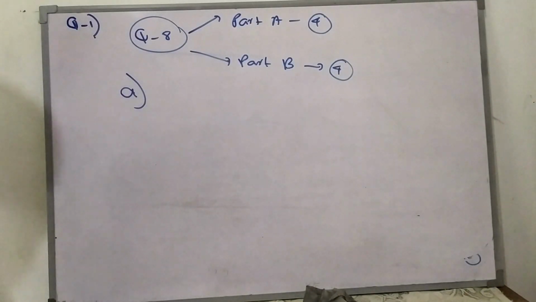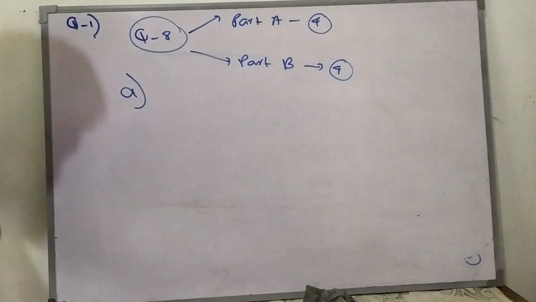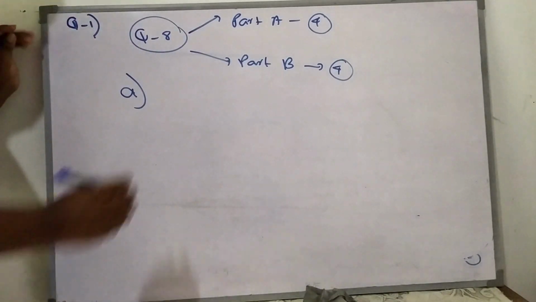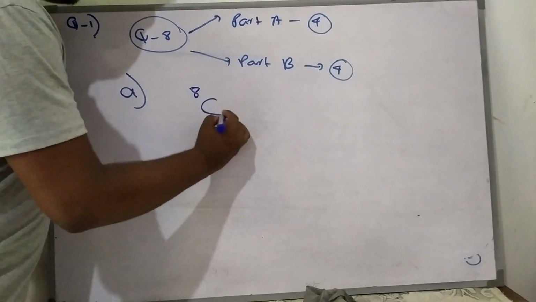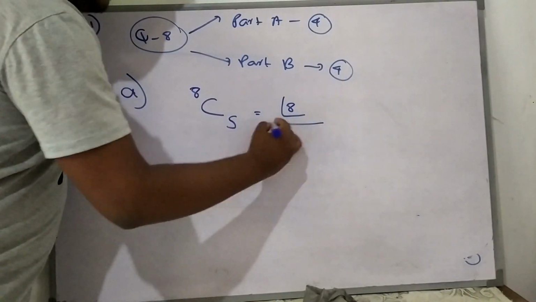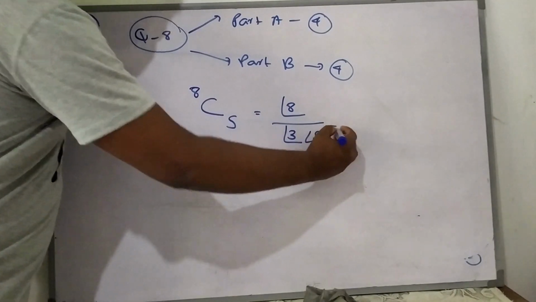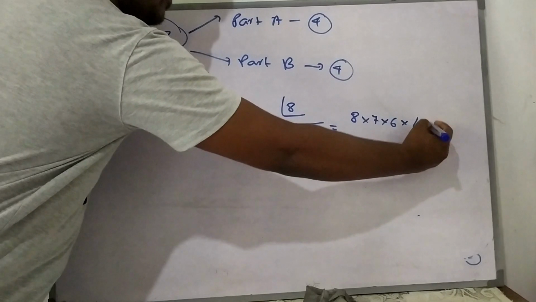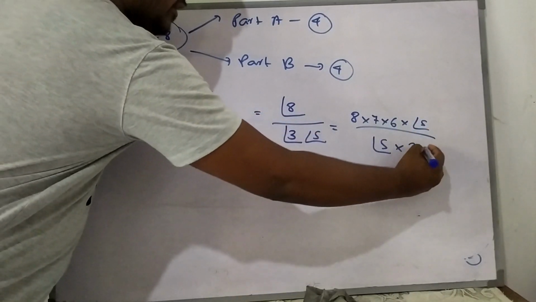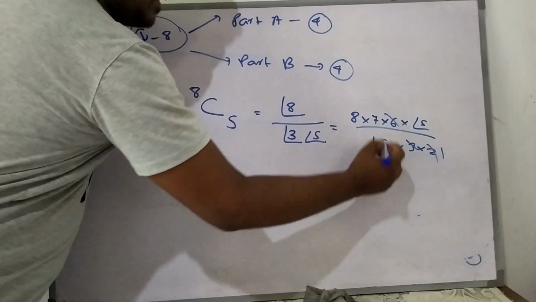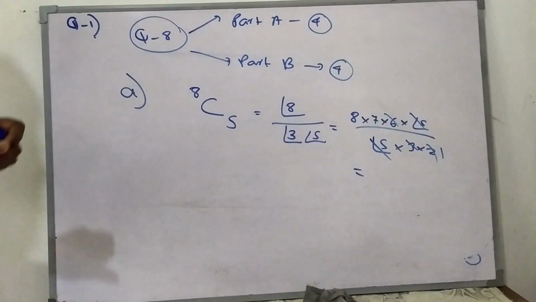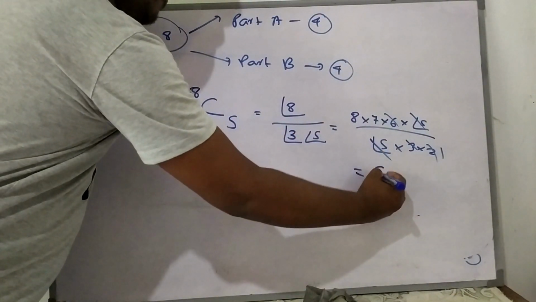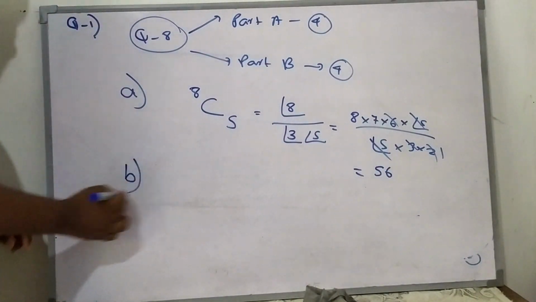Since the total number of questions is 8 and you have to choose only 5 questions to answer, the answer is 8C5. Factorial 8 over factorial 3 factorial 5. So it's 8 into 7 into 6 into factorial 5 over 3 into 2 into 1 into factorial 5. Factorial 5 cancels and the answer is 56.